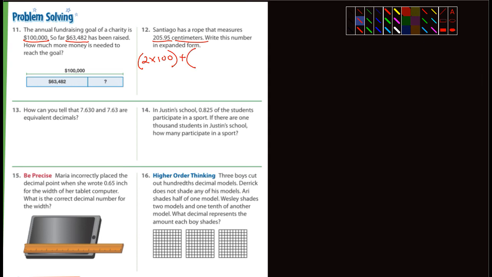Normally you would actually leave it out. So the first number is a 2. What's the second number? A 0. So it'd be 0 times 10. But again, normally you wouldn't do that. I don't want you guys to be confused because there's nothing in the tenths place. And then plus 5 times what? 5 times 1.